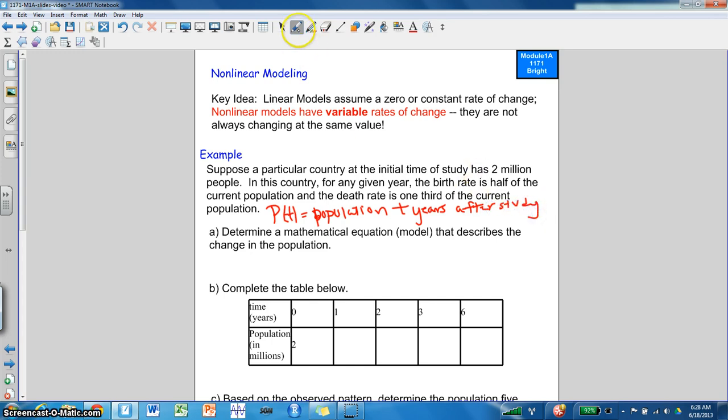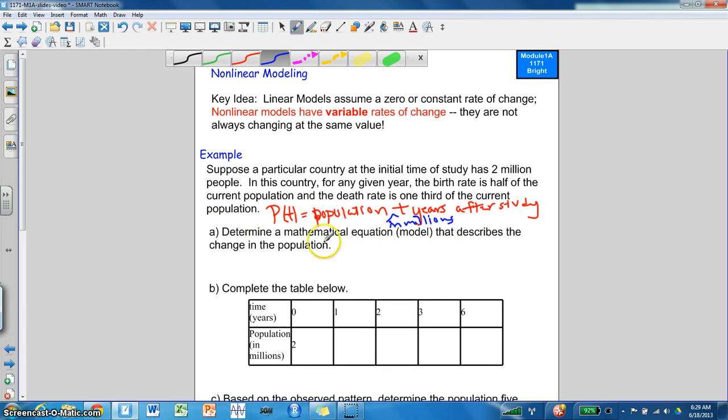And I'm also going to add population in millions, just so I don't have to write all those zeros out.